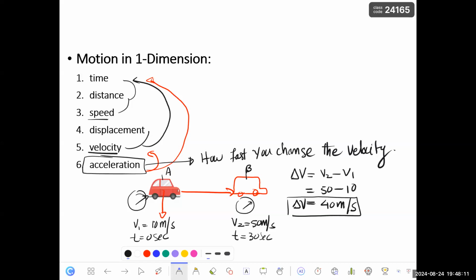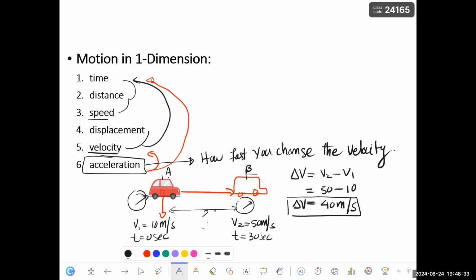Also, very important point, the driver was driving this car at 10 meters per second at point A. And at point B, the driver was going 50 meters per second. What's happening in between?